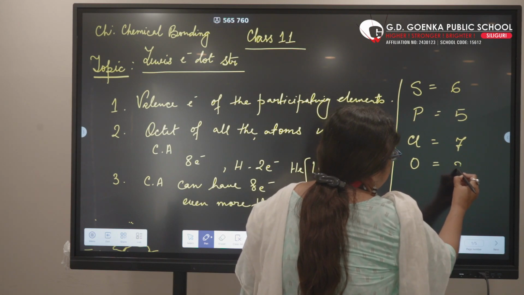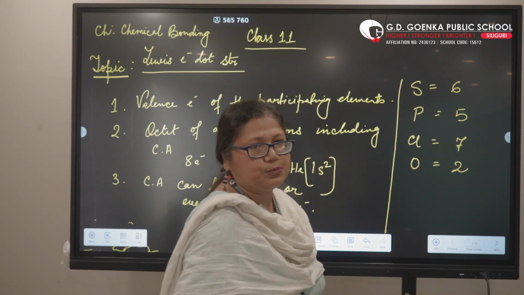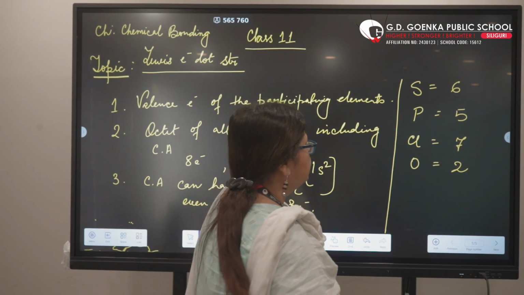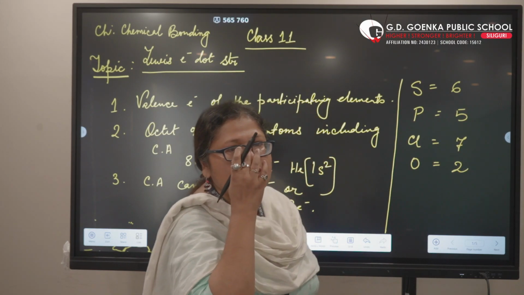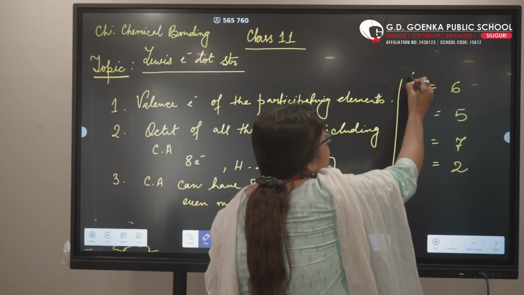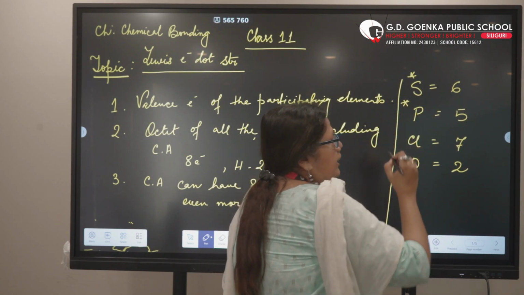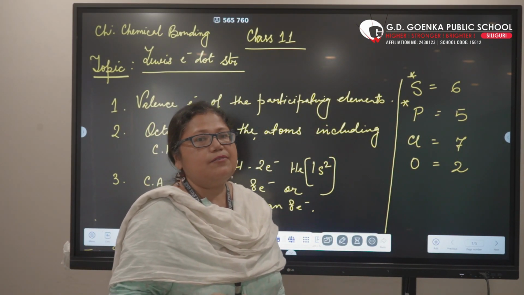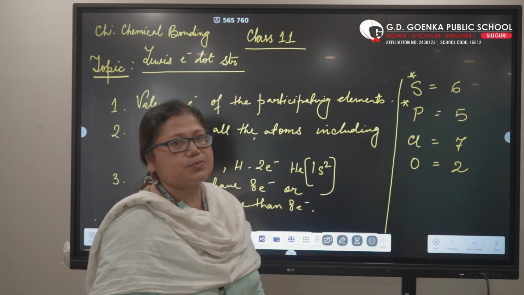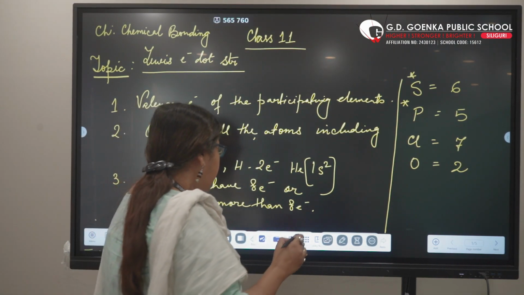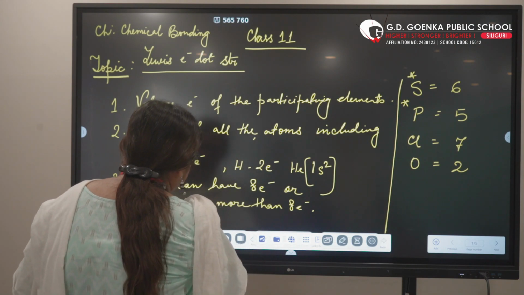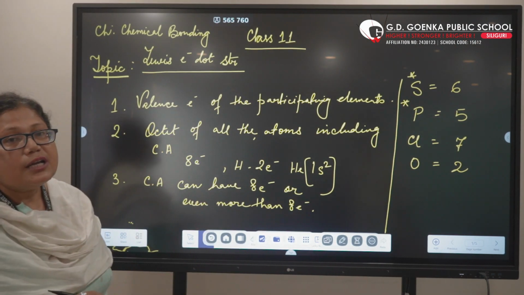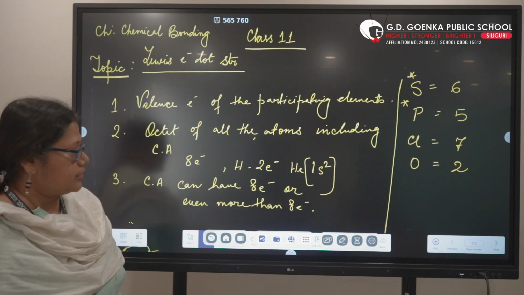Oxygen's maximum covalency, we always know, is 2. So these are the maximum covalency states. We have seen that the central atom will try to remain in its maximum covalency state, and to remain in it, it can at times violate the octet rule.